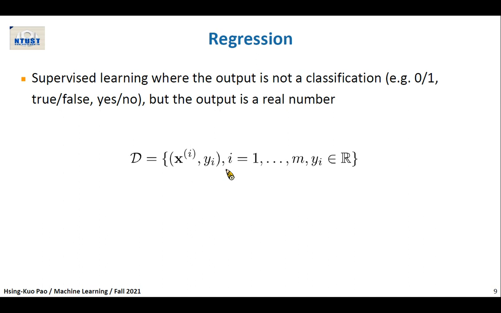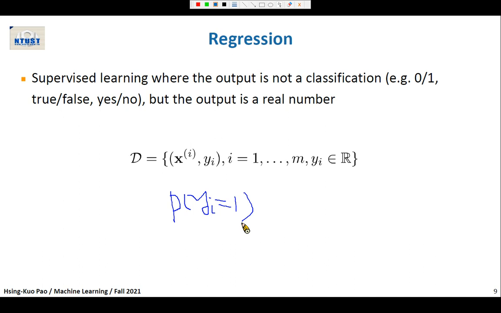For the last one, I want to emphasize again: sometimes it's a classification problem, but what we want to predict is the probability that yi equals 1. Then we transform a classification problem into a regression problem.